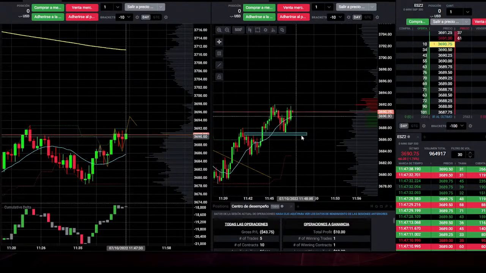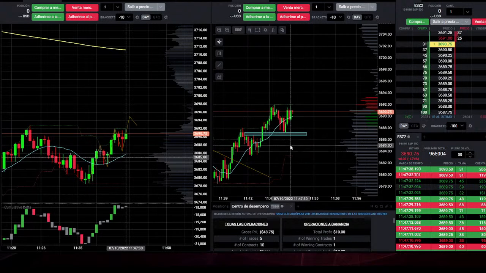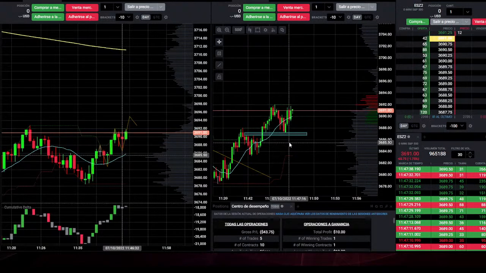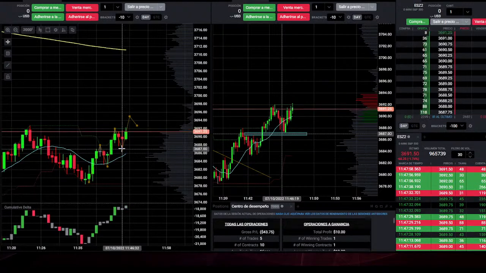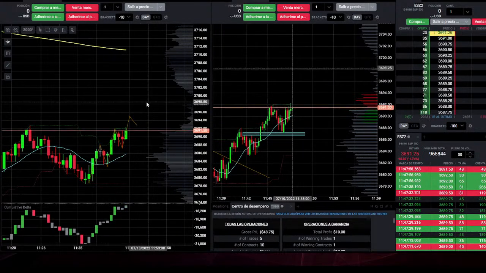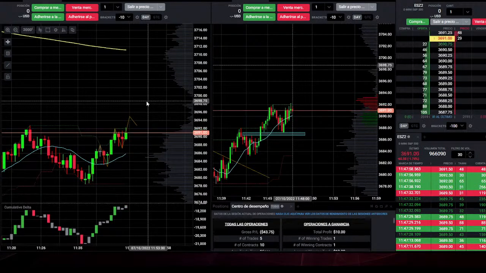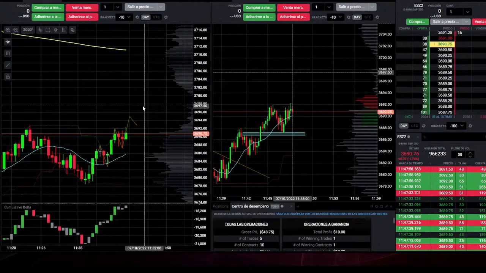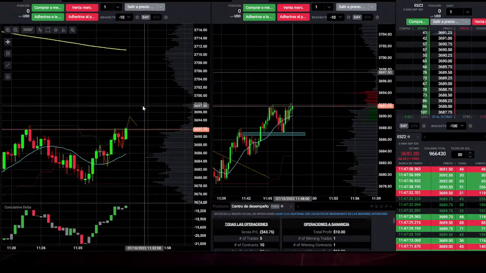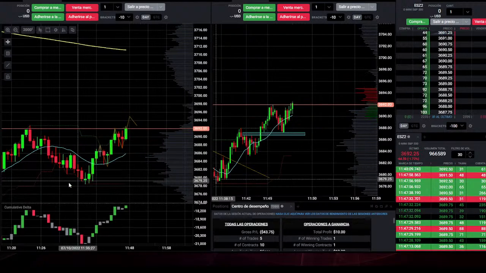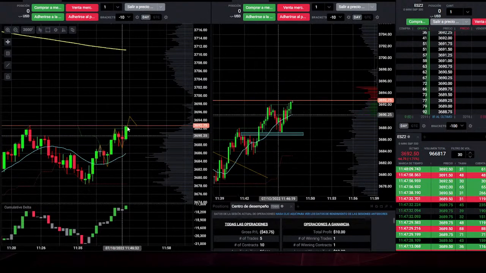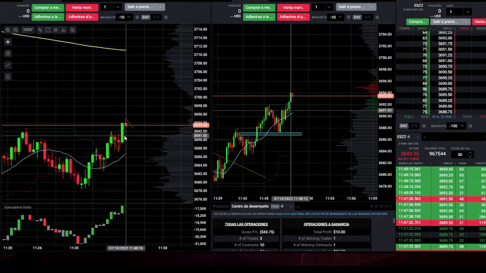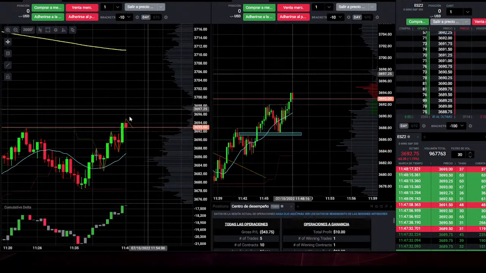I would really like to enter kind of below here. That's the best pullbacks. But you can see this is developing the way I thought. You won't always predict the future. That's not the objective. But as you can see, we were right out here when I drew the full movement.